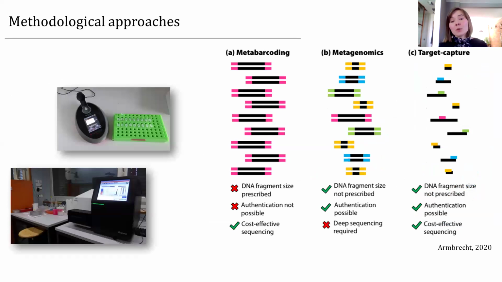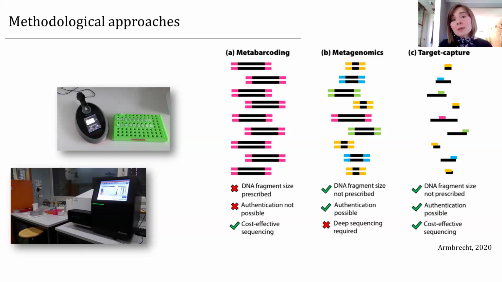Of course, each approach has its advantages and disadvantages. For example, for metabarcoding, you cannot authenticate the results because most of the common methods for authentication of DNA are analysis of damage patterns or the length of the sequence.